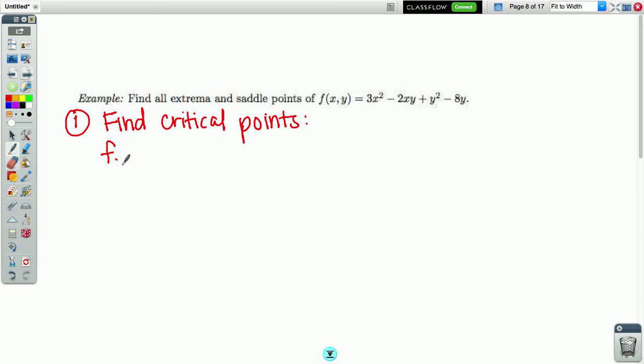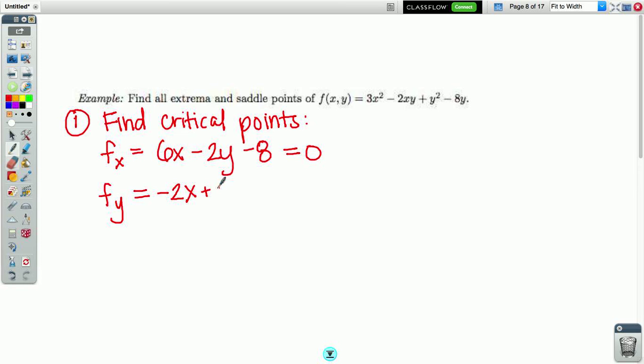So I'm going to find the partial with respect to x, which is going to be what? 6x minus 2y minus 8. And I need to set that equal to 0. I'm going to wait on solving this. Then I'm going to find the partial with respect to y, which is going to be negative 2x plus 2y.